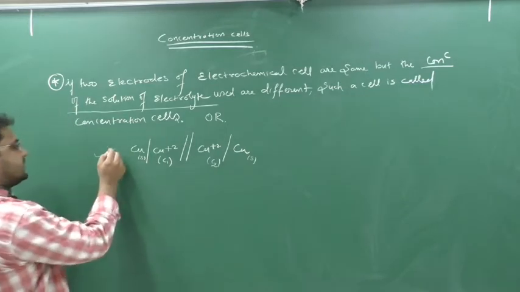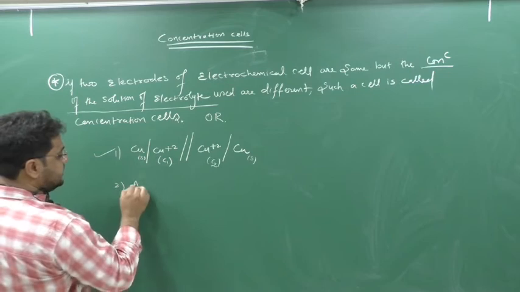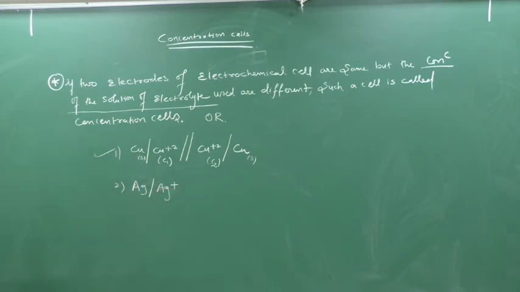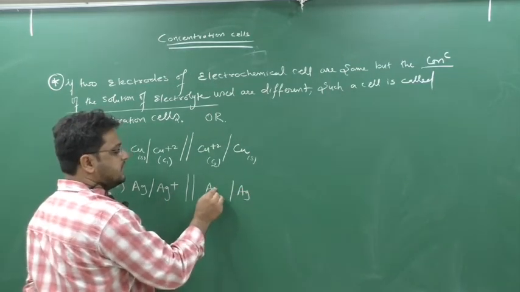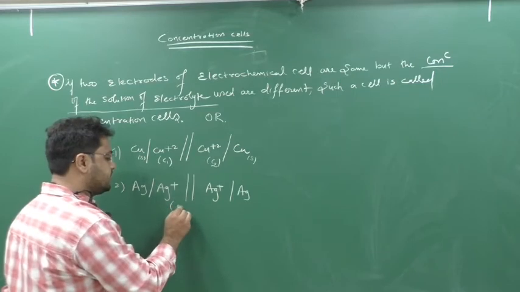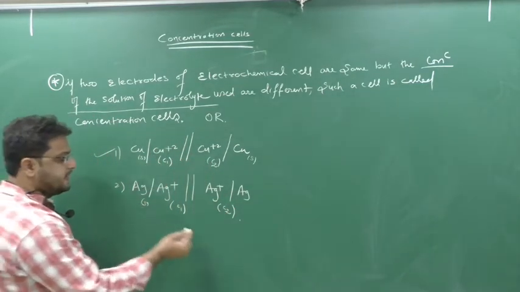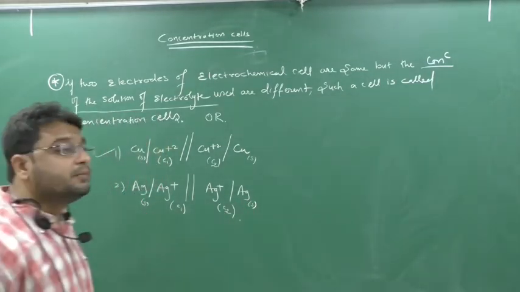Another example I can take is of silver; many examples I can take, but I am taking silver. Here Ag as an anode is dipped in its Ag+ solution. Again the cathode is also Ag, also dipped in Ag+ solution, but their concentrations are different. Clear? Now, the question comes, which will have more concentration.